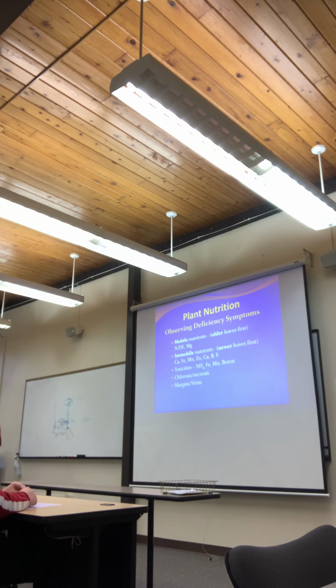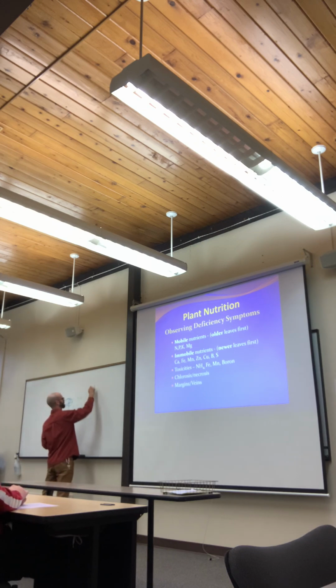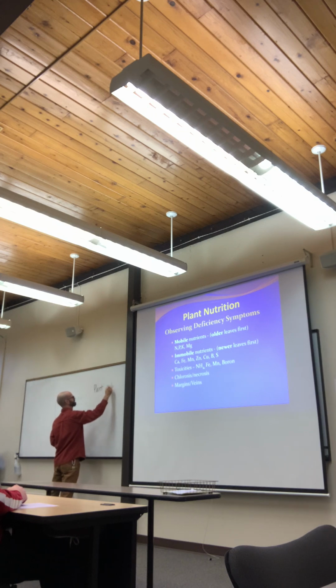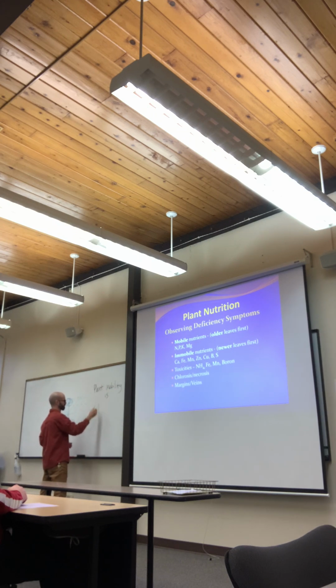And so we also use mobility to describe nutrients in the soil. Is it the same classification of mobile and immobile in plants and soil? Like nitrogen is mobile in both? Not always. So yes, we use the same words, but that's why I'm trying to be clear about plant mobility versus soil mobility.